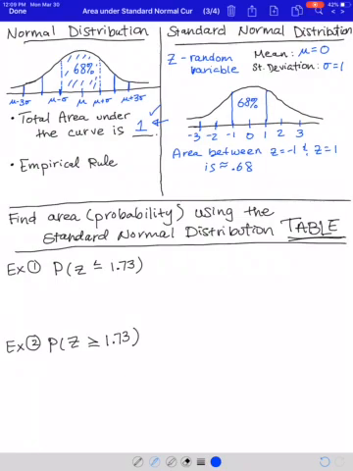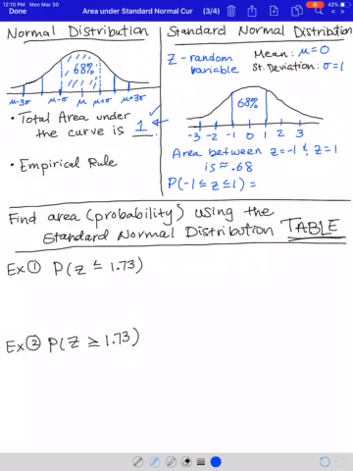Another thing we can do is represent this area as a probability. And so here we're going to say the probability that z is between -1 and +1, or the way we'd write that with an inequality is -1 is less than or equal to z, which is less than or equal to 1. What this probability is saying is, under the normal curve, we have all of our data items.